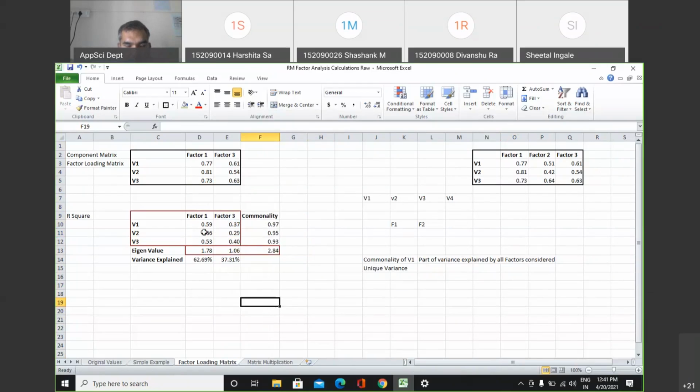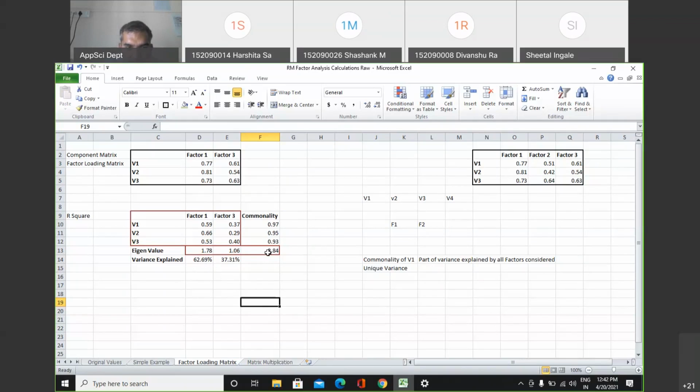So now we have factor 1 and factor 3, which actually rarely happens because the importance decreases in sequence. But in this case, we have got like this. Eigenvalue was less for factor 2. So variance explained by factor 1 is 62.69. Now this is the commonality.